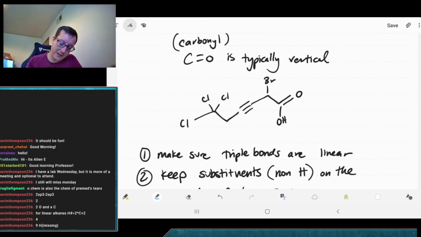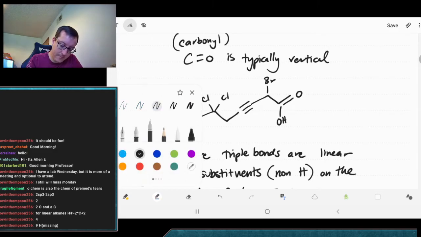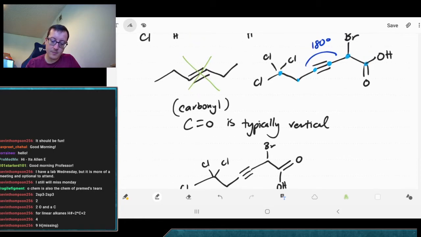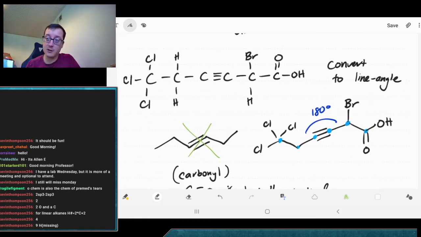If we were to do a condensed formula for this, by the way, that's the one where we look at the carbon, one carbon at a time, and we write them out. We could do that. It's probably easier to look at the Lewis structure to convert that, but we could go from either way. If we were to condense this structure, remember we will just follow the carbons from left to right.